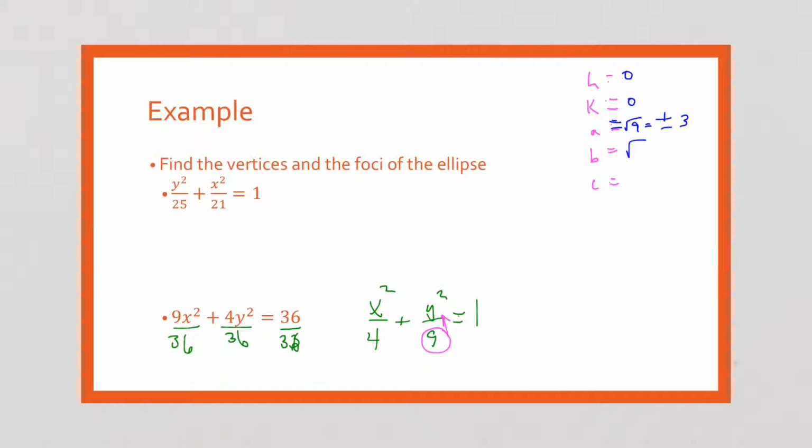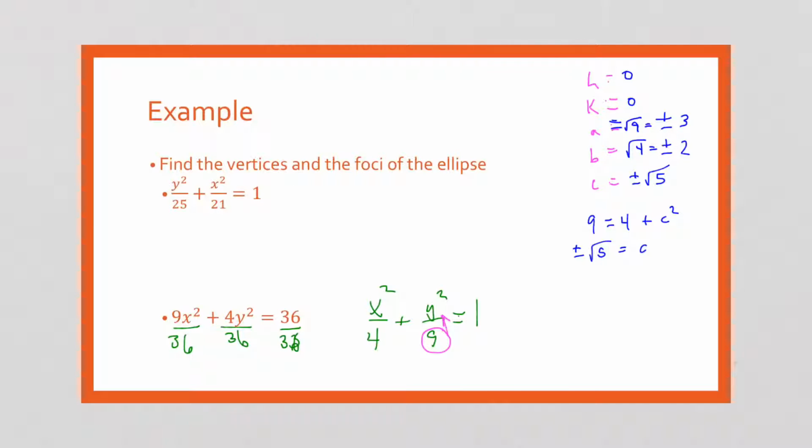B is going to be the square root of 4, which equals plus or minus 2. And c, remember, is that a squared, so 9 equals 4 plus c squared, which means c is the square root of 5, plus or minus. So now I can go ahead and find my values.